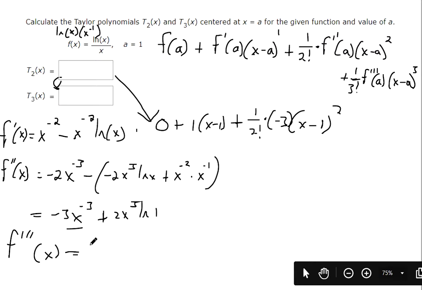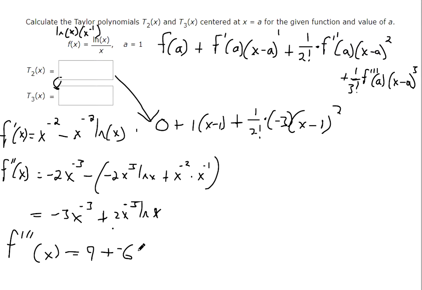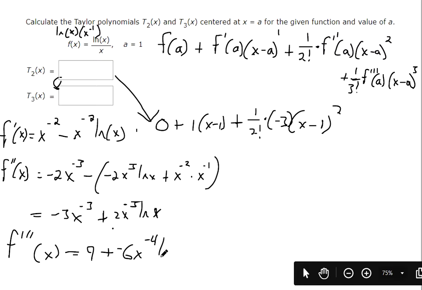This derivative needs the product rule again. That's a negative 2. Getting sloppy. So this is negative 6x to the negative 4th times natural log of x.